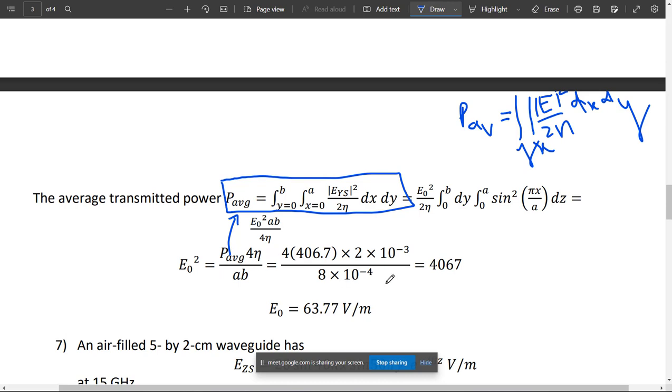Madam, what about the E power value, E power minus j beta z?